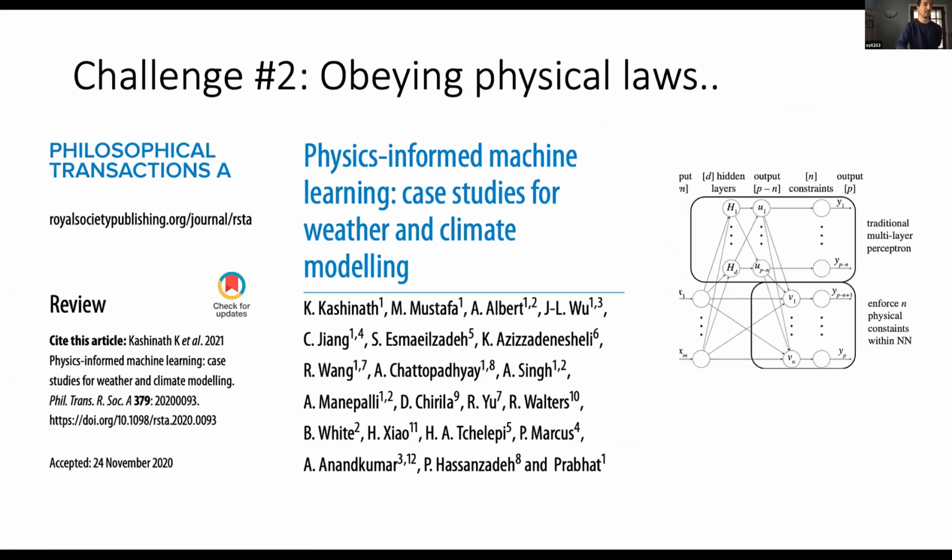For example, we can teach these models to emulate the evolution of the climate, but for some basic laws, for example the conservation of physical quantities such as water or heat, it's very difficult to have a model that fits the data very well and also observes these physical constraints. This is also a very hot topic, and many people are working on it, and this is another recent paper which you can check out.